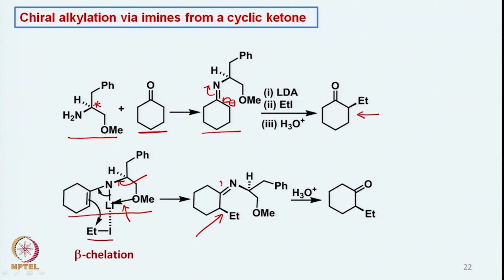Eventually, after the hydrolysis of this carbon-nitrogen double bond, the imine bond, we get the formation of the ketone, where this is beta oriented.